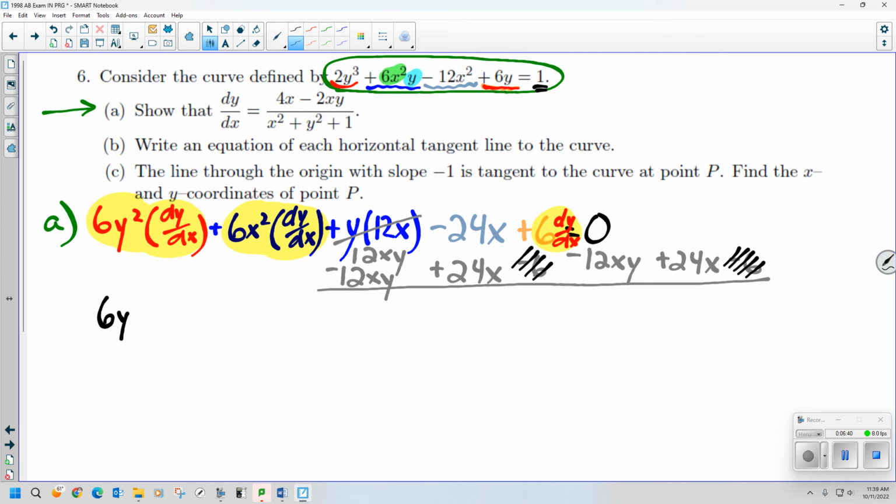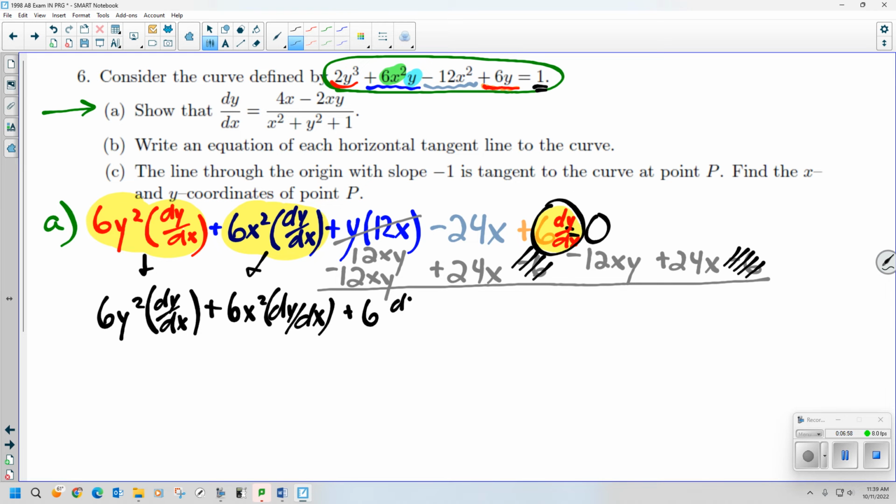I've got 6y squared dy/dx plus, this comes down, 6x squared dy/dx. Then I have this still on the left side, plus 6 dy/dx equals, left side bye-bye, negative 12xy, that's this, plus 24x.